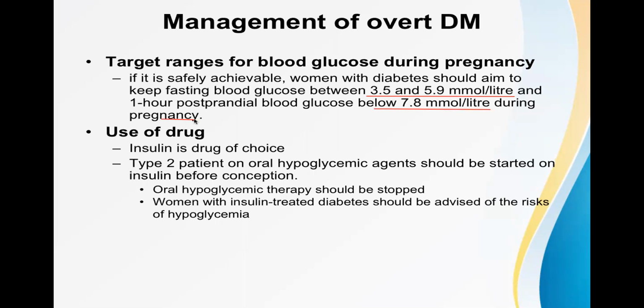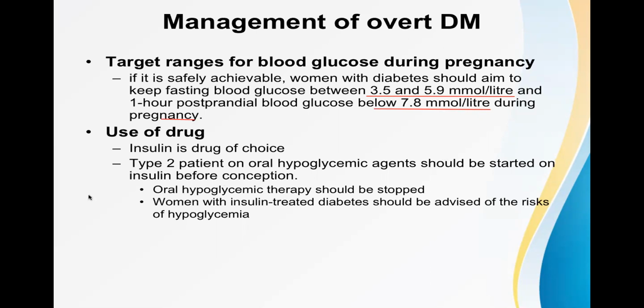So this is the target range we have. If it is safely achievable, women with diabetes should aim to keep fasting blood glucose between 3.5 and 5.9 millimole per liter, and 1 hour postprandial below 7.8.